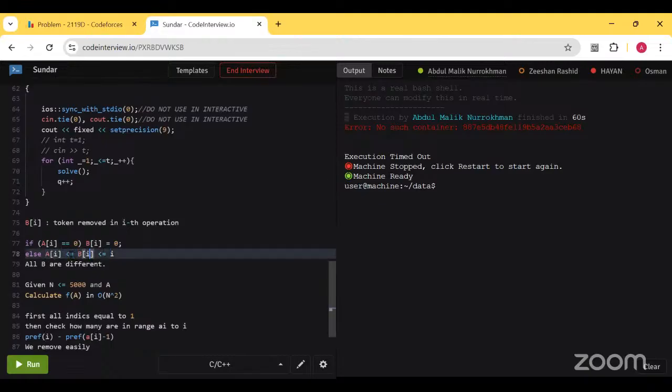Otherwise, p_i should be between a_i and i, but all p should be different. All right. So basically, we want to find the number of configurations of arrays A and P satisfying this, right? Is it correct?